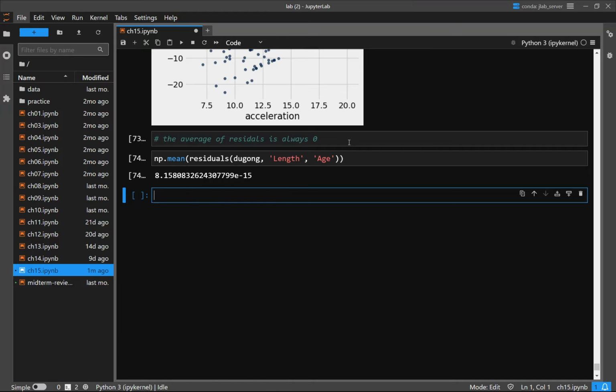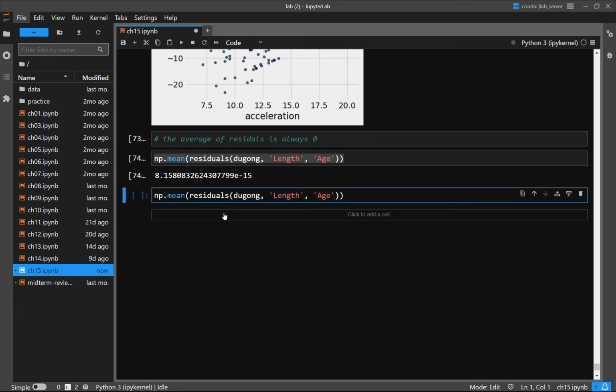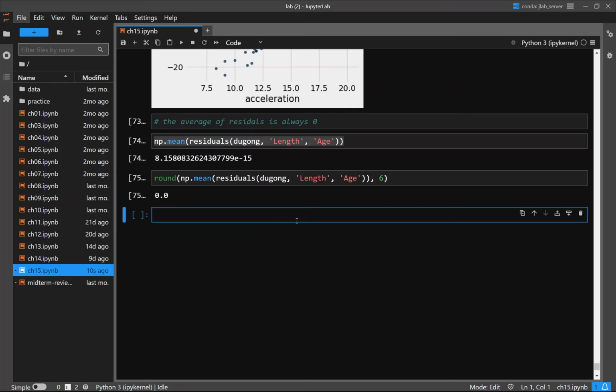You have some Python float type errors, but this is a very small value, 8 point whatever times 10 to the negative 15. So it's 0. It really is 0. It's just off by some rounding factors. So usually you want to take that value and round it to like 6 decimal places. It's 0, yeah. There's that. What else? Any of them. Even the hybrid one.